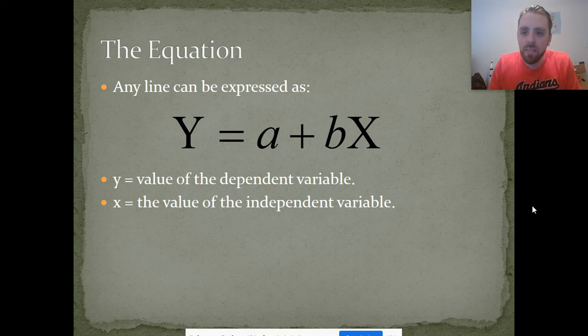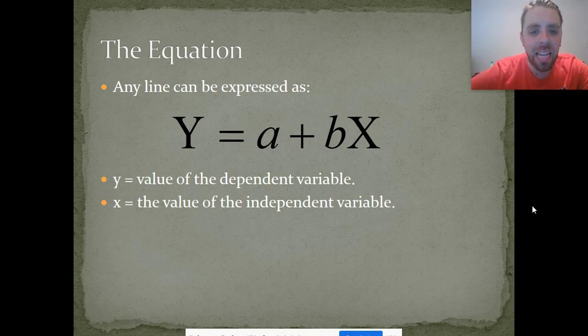The slope coefficient is the regression coefficient. What we're going to calculate is the magnitude of the effect of x on y, the effect of the independent variable on the dependent variable.